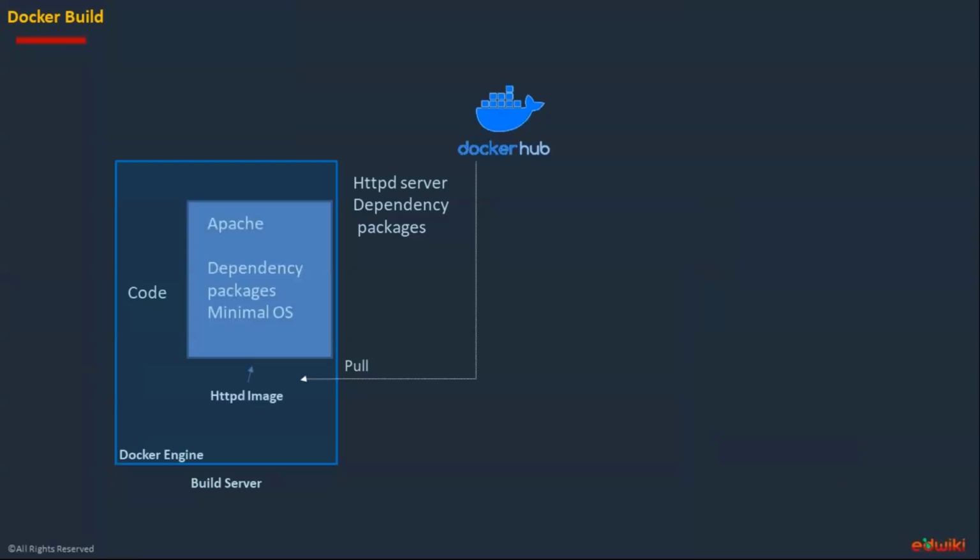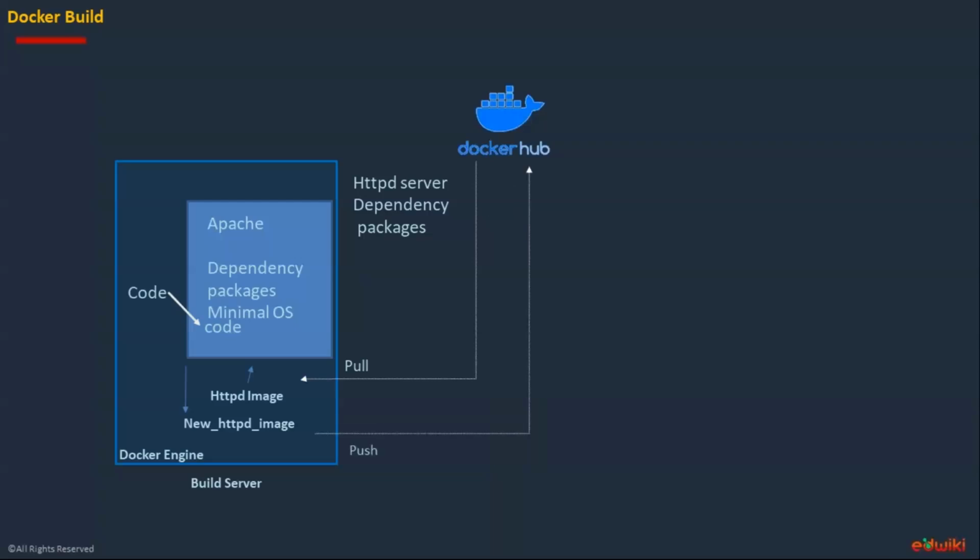So when you create a container out of this image, we see that Apache and the dependencies, the minimal OS, all the dependency packages, everything has come in, right? Later, I copied my code into the container. Then I ran the Docker commit command, which creates a new image.